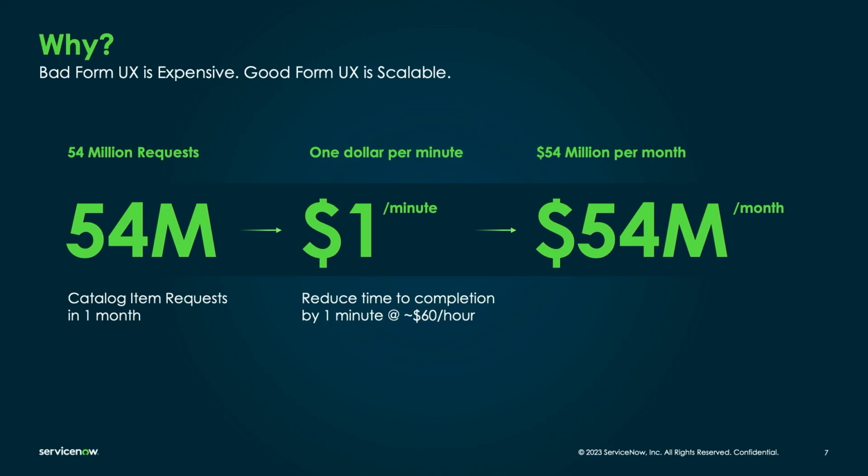The more people you have interacting with your forms and submitting forms, the more important it is to reduce the time it takes to complete that form. And usability and user experience is a great way to do that. So what happens when dialogue breaks down? What causes that completion time to lengthen?